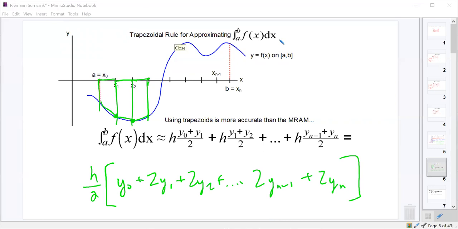If it crosses the x-axis partway through the subinterval, that's fine. It depends on whether we're talking about approximating the area or approximating the integral. We'll talk later today about that a little bit, but remember that the last one does not have a 2. I wrote the 2 by mistake.